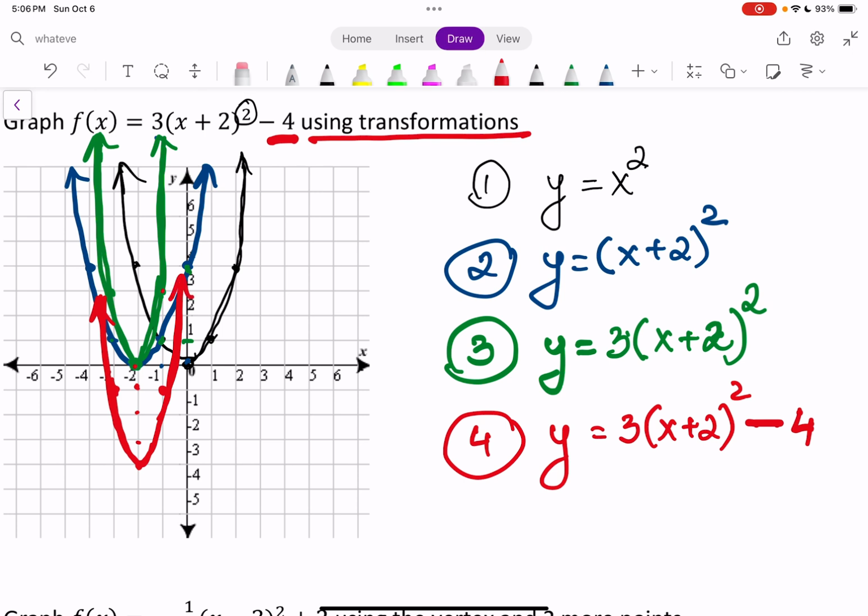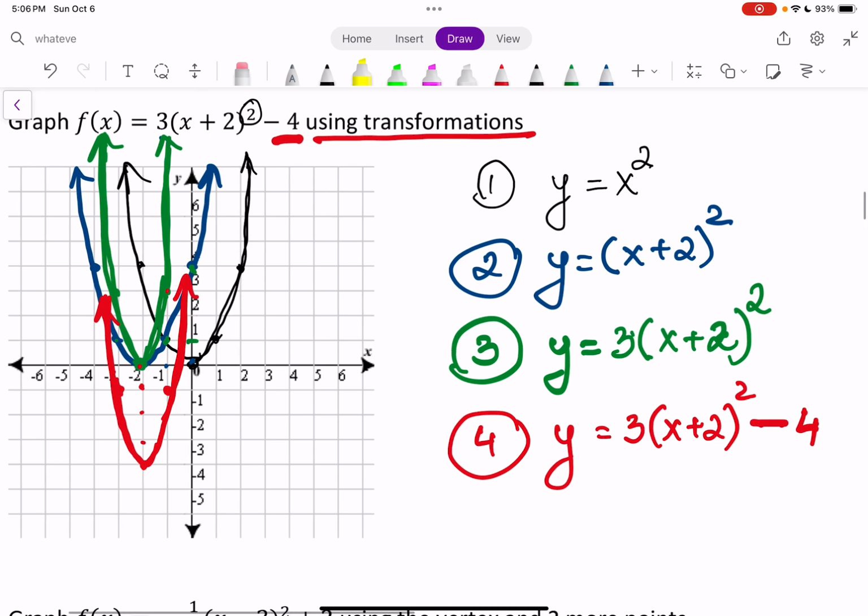That's the final answer. So if I look at this final answer, could you tell me where is the vertex of this parabola? The vertex is this turning point. I'm looking to the x-axis and I see a negative 2. I'm looking to the y-axis and I see a negative 4.